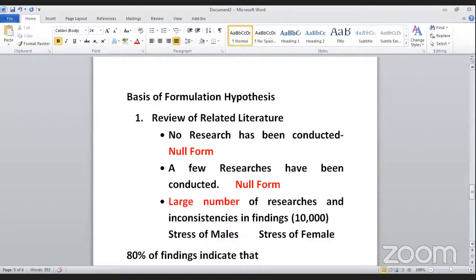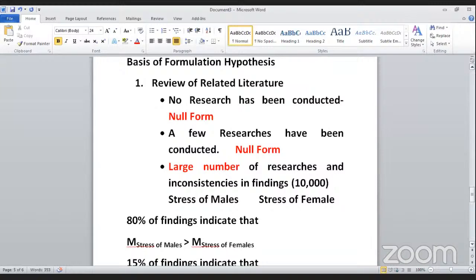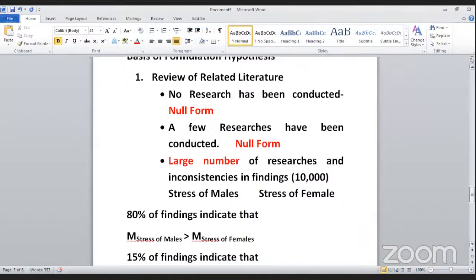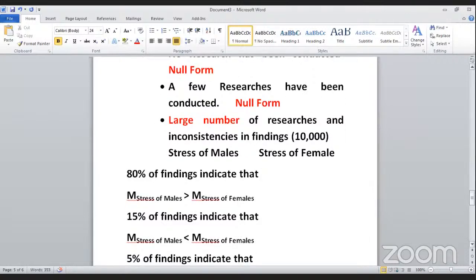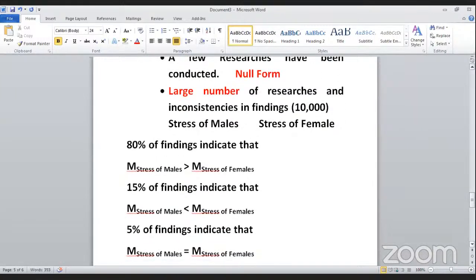And if you find that 80% of the research findings indicate that mean score of stress of male is significantly higher than the mean score of stress of female, and 15% indicate that mean score of stress of male is significantly lower than the mean score of stress of female, and if 5% indicate that mean score of stress of male is equal to the mean score of stress of female.